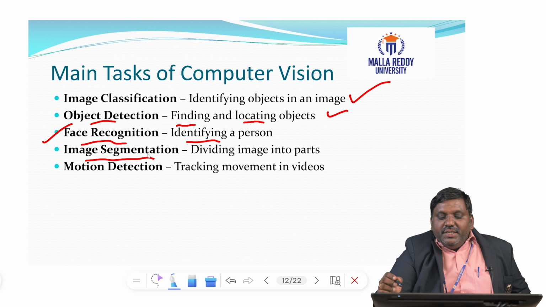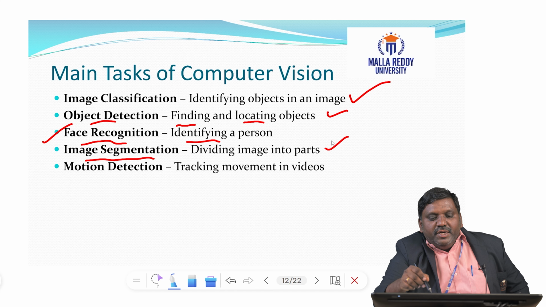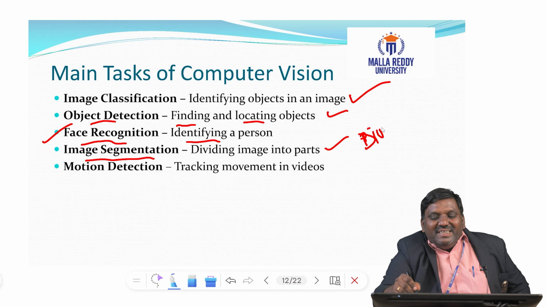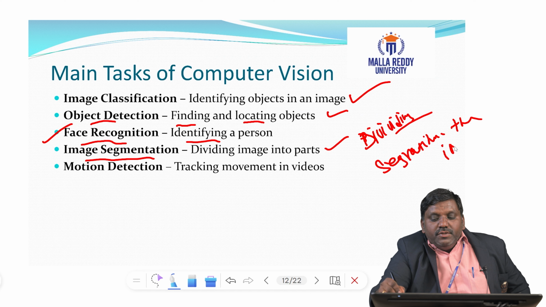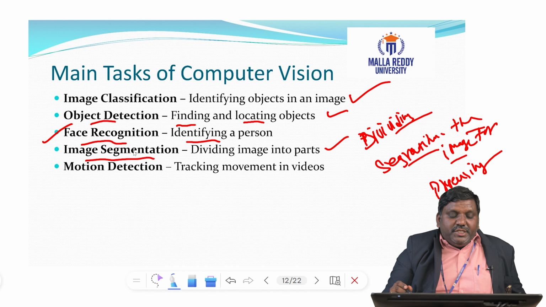focuses on image segmentation. Here we segment the image into n number of parts. That means nothing else happens here; only the dividing concept happens. Dividing is the process of segregating the image for processing, and this is known as image segmentation.